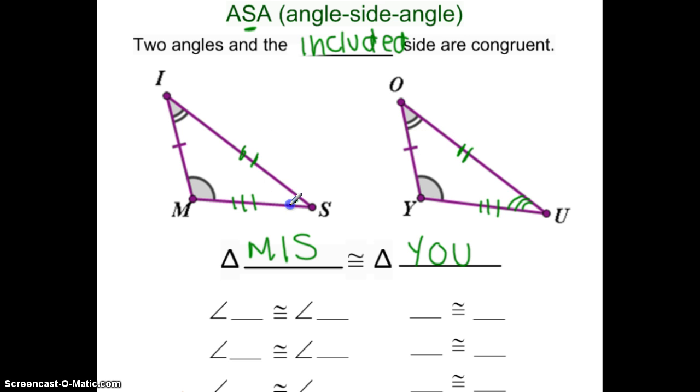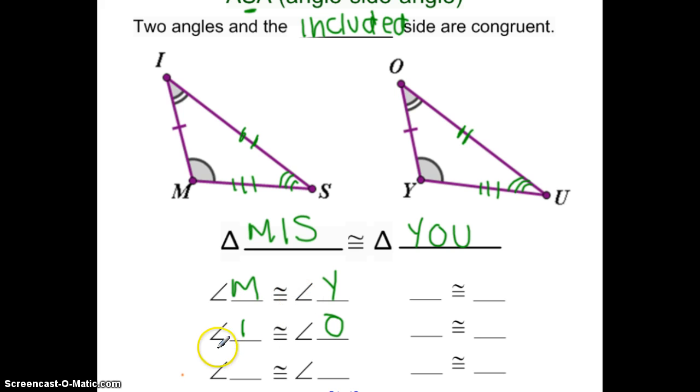Okay. So now by angle, side, angle, I went and filled everything in. I'm going to start with angle M. Angle M is going to be congruent to angle Y. Angle I is congruent to angle O. And angle S is going to be congruent to angle U. Alright, let's look at line MI.